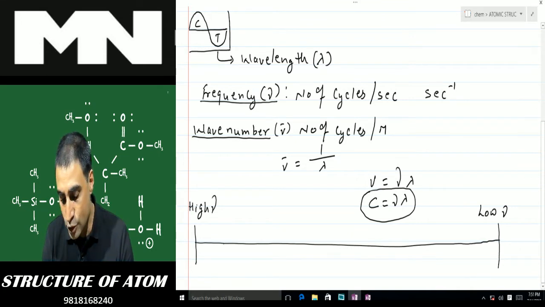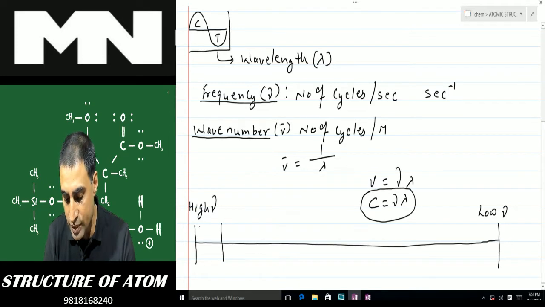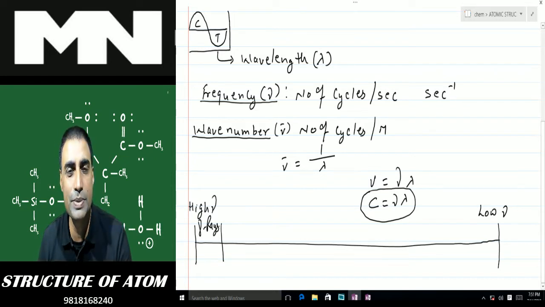So we'll see electromagnetic radiation which has very high frequency, and in that we have gamma rays. Gamma rays are generally produced by radioactive decay or nuclear disintegration. Whenever you talk about radioactivity, you will talk about gamma radiation. It moves out from the nucleus and they are very highly energized radiations. They have velocity equal to the velocity of light, that is 3 into 10 to the power 8 meters per second.